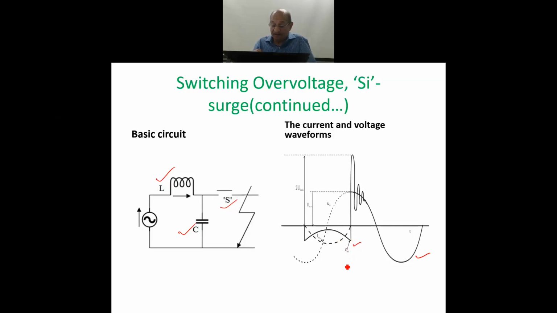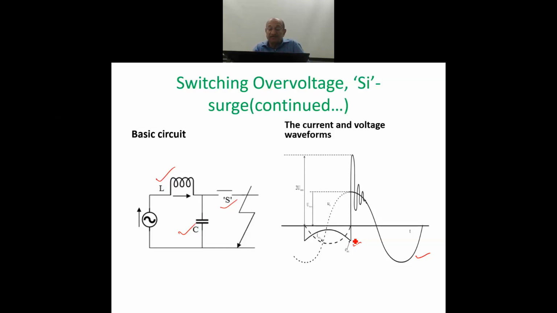So when the two electrodes of the circuit breaker open at this instant of current, depending upon the magnitude of the current, there would be some energy stored in the inductance of the circuit. And that energy is released certainly.